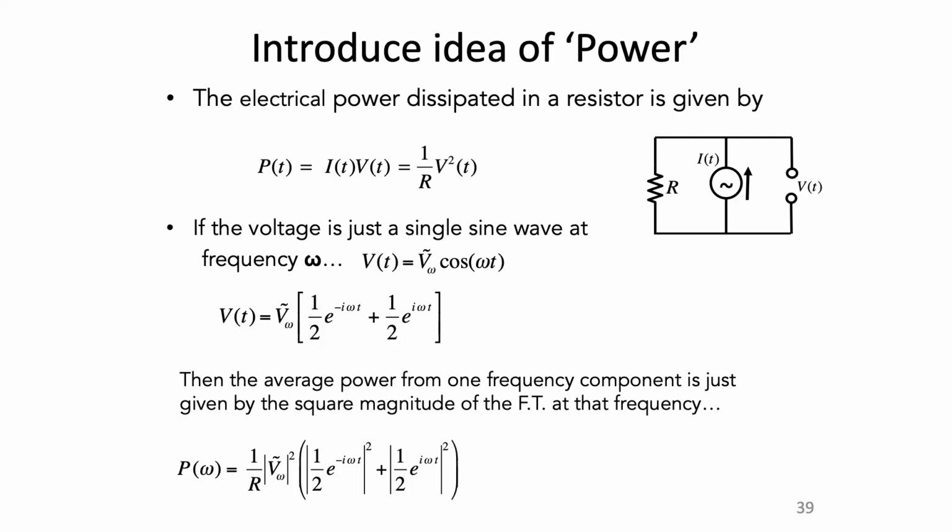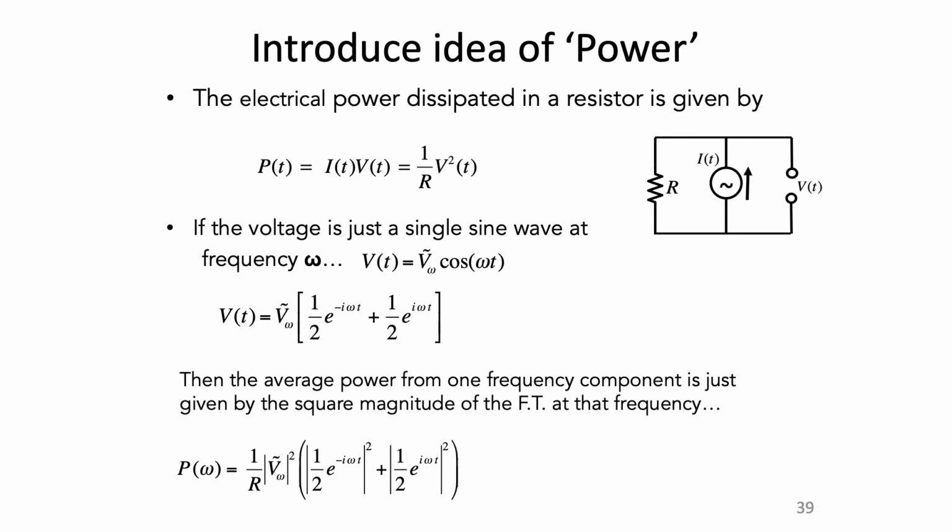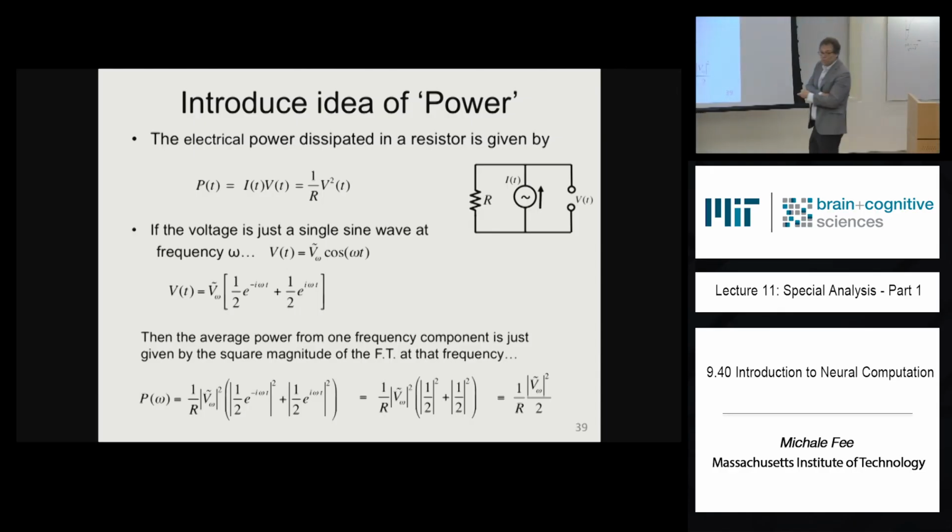And what you see is that the power at a given frequency omega is just that coefficient magnitude squared over resistance, times the magnitude squared of 1/2 e to the minus i omega t plus the magnitude squared of 1/2 e to the plus i omega t. And that's just equal to 1 over R, that coefficient magnitude squared over 2.